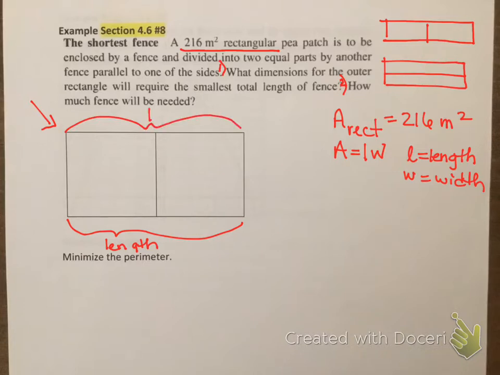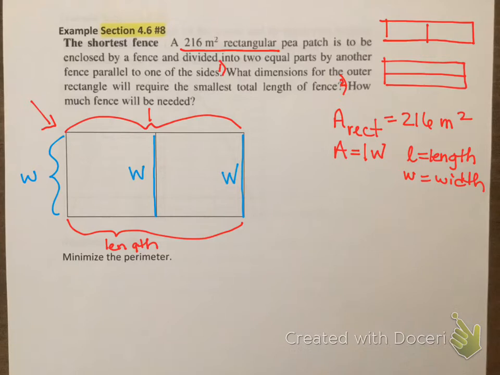And let's call this and this and this W. And let's take a minute and look at our problem again and see if there's any other information in there that I know. I know it's a pea patch. I don't really care what it is right now.